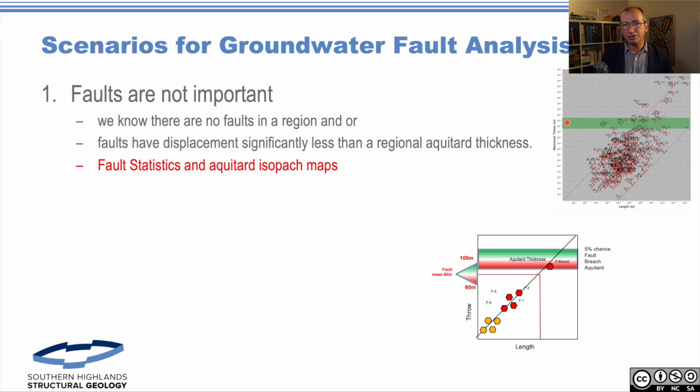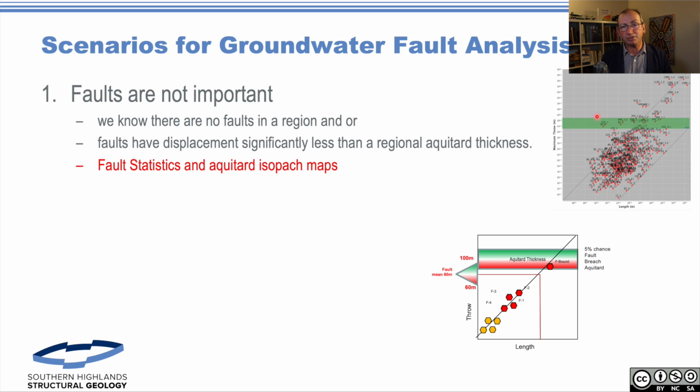So here I've got my distribution, I've got my aquitard thickness maybe marked in here. Here are all my faults in here. Now, what I'm interested in this area is, these are all the faults I've measured in my area, how big would that fault need to be to remotely get a break in the aquitard?